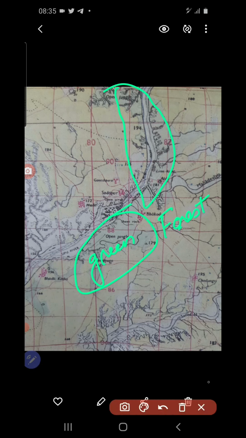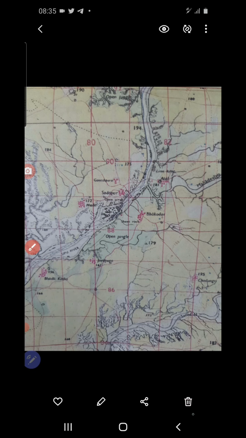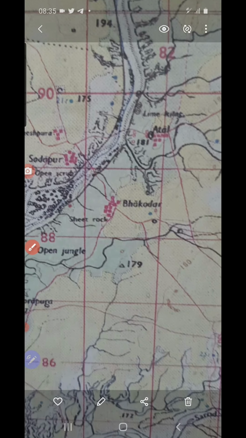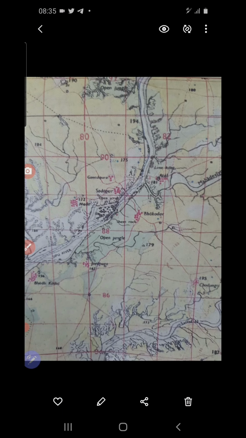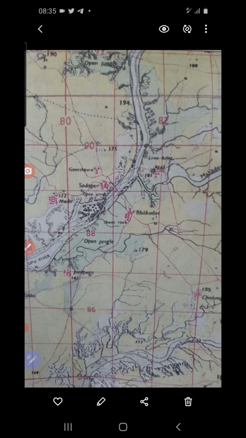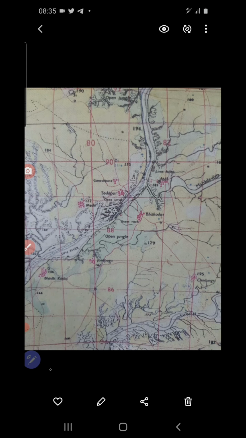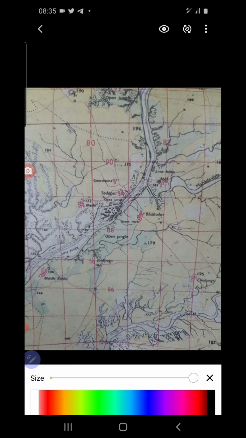Then hills, how do you understand the hills? If there are brown colored areas, those are hills, I will show you later. Now you see here yellow color. Yellow color mainly indicates the cultivable land. You see yellow here, and somewhat here also.